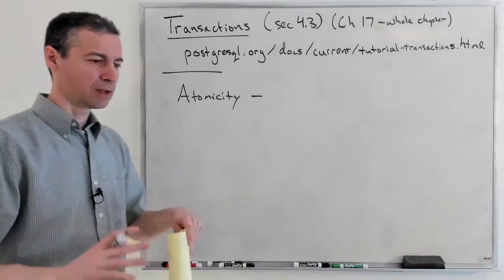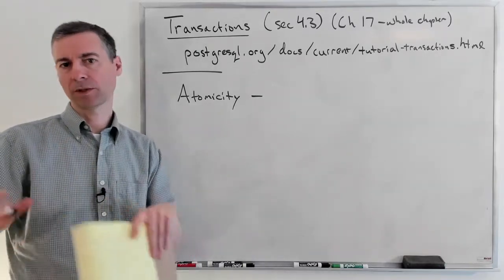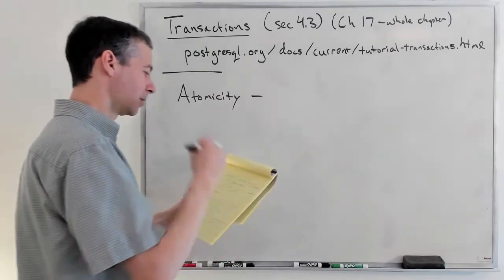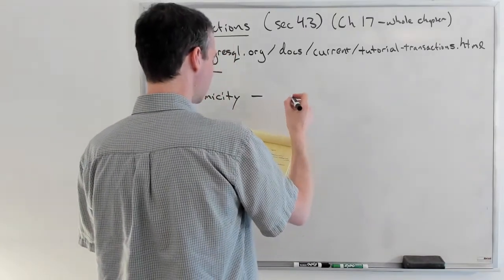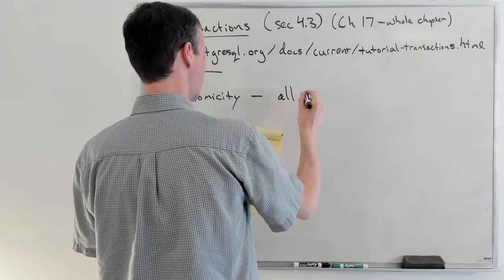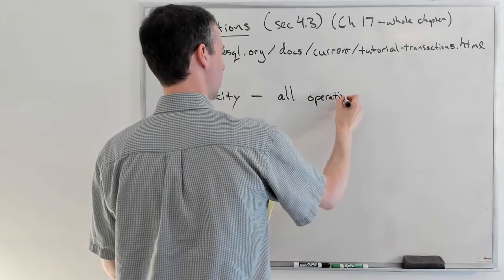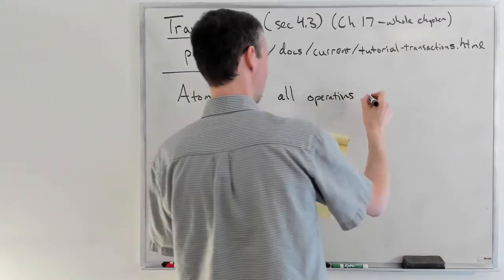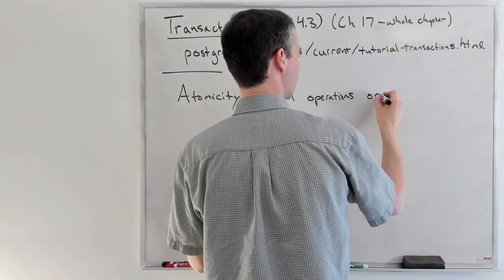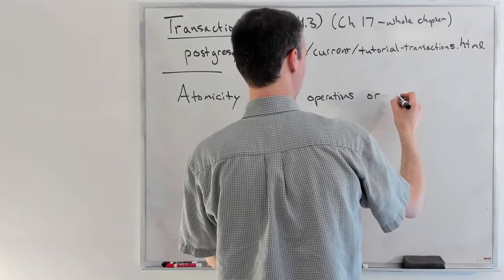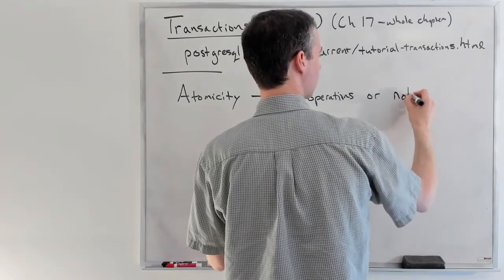Okay, we want them to either happen or not happen. Now you don't see this because you're doing a single operation. But again, you can have multiple operations and you want to be able to bundle them together. So you want all of those operations to happen or none of them.